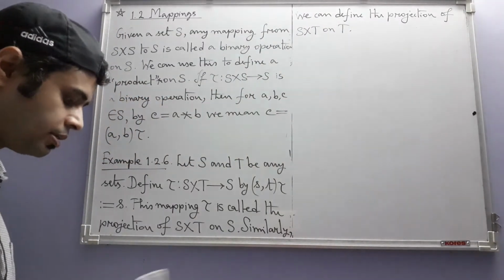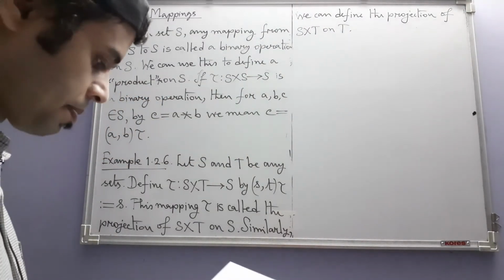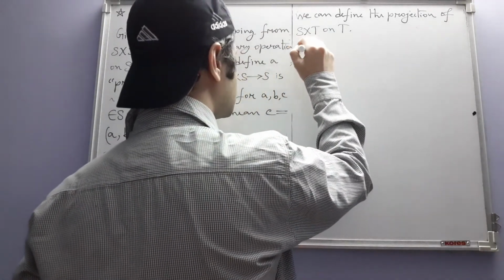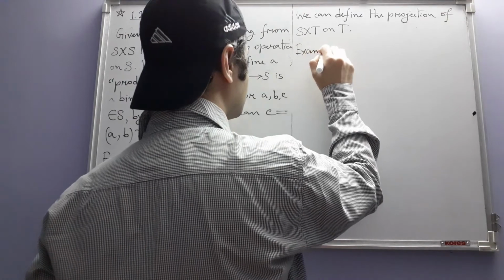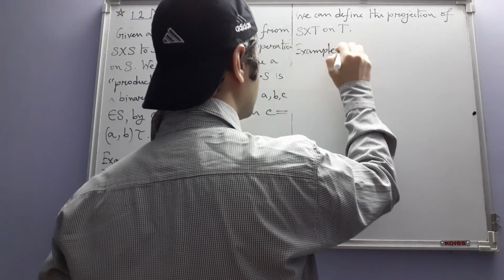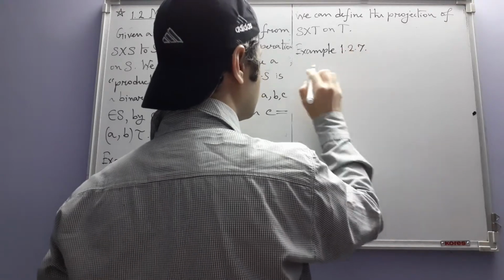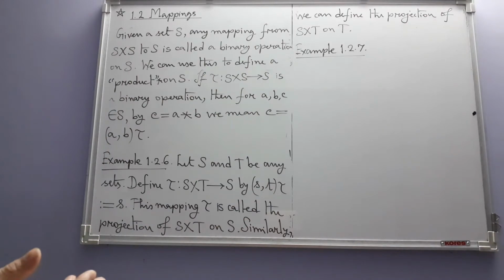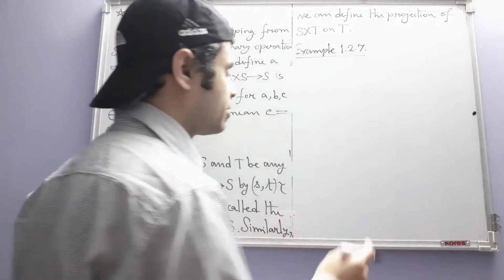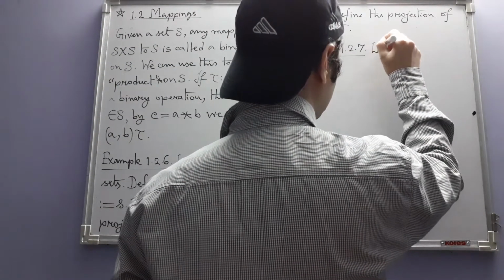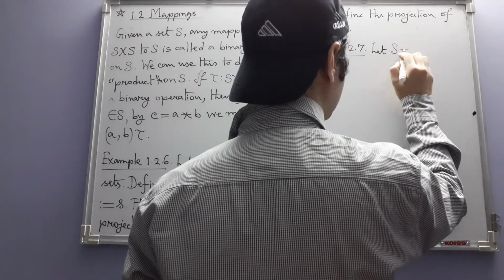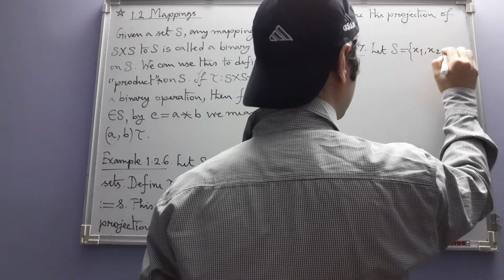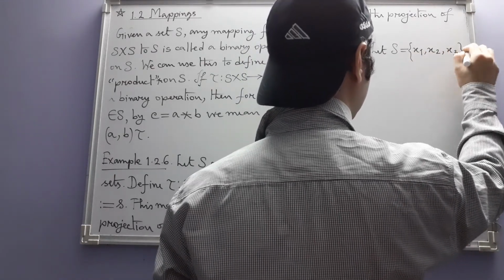Projections are important in topology also. Okay, then we come to example 7. In this example, we are just going to take a set with 3 elements and define some particular map. Let S be the set consisting of these 3 elements x1, x2 and x3.